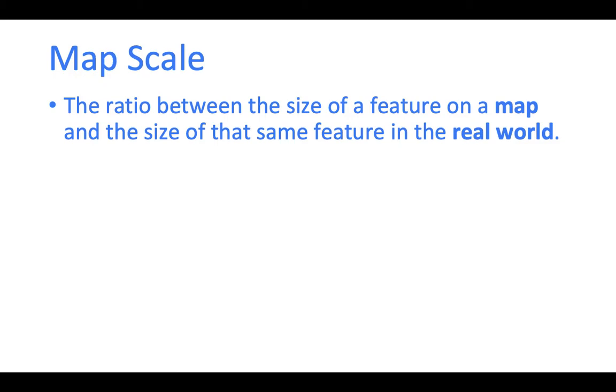All right? So again, we've got the real world. We can actually measure how far it is from point A to point B in reality. But then if we're going to represent that in map form, well, how much are we going to shrink that by? And the key thing here, if we're working with maps that are actually useful in terms of navigation or any kind of scientific analysis, they have to have some kind of consistent scale going on, right?